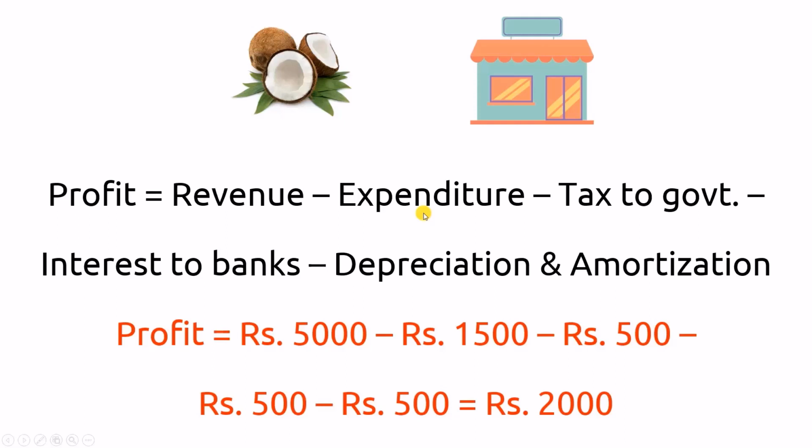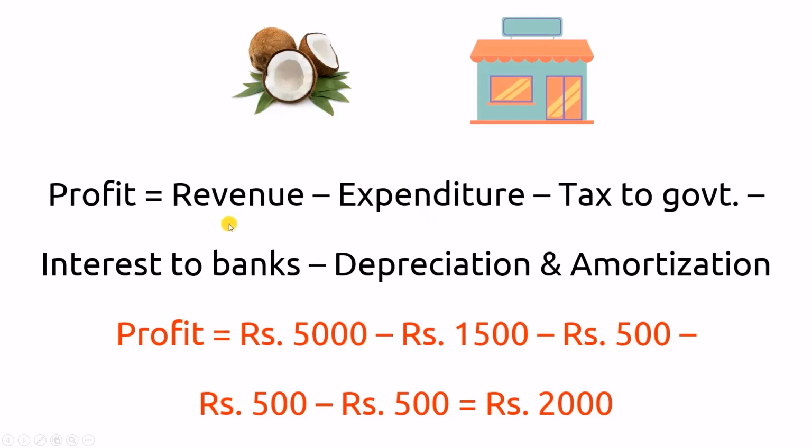So, from start till the end, procuring coconuts, drying them, making oil from them, packing it, shipping it, all the costs that are involved in this come under the head of expenditure. So, how much do you spend to make and sell your product? That is expenditure.